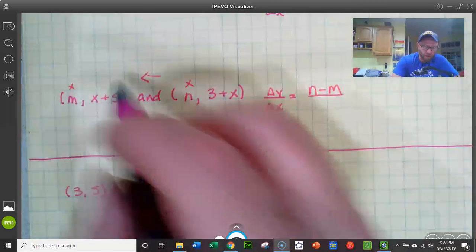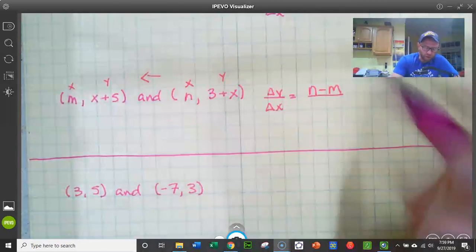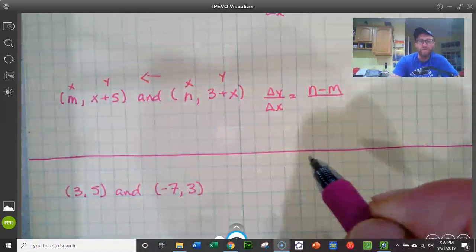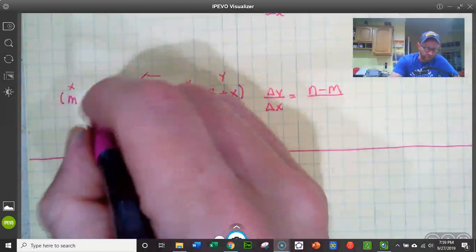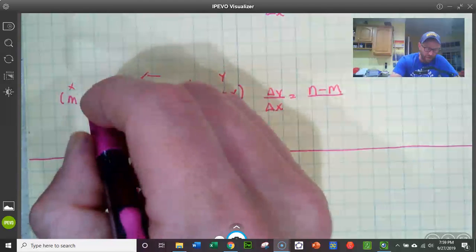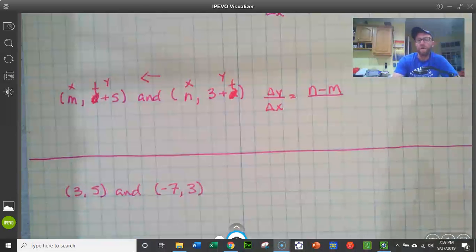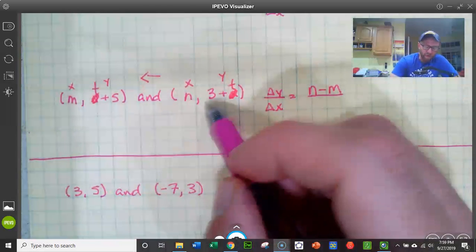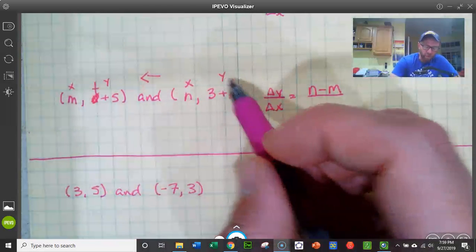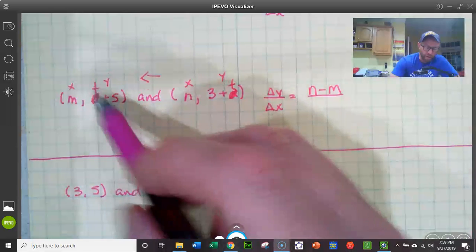Over here we've got our y coordinates. In this example, I probably shouldn't have used x's in here. Let's call these t. I should have used x as my variable there. So here I've got 3 plus t and t plus 5.